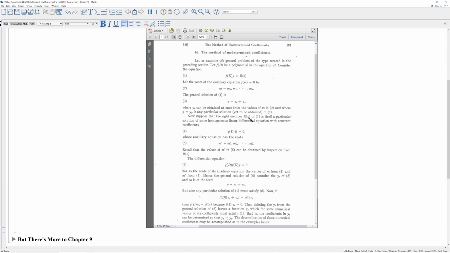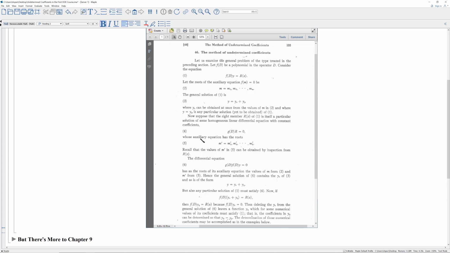So he looks at the right-hand side and says it is itself a particular solution of some homogeneous linear differential equation with constant coefficients, and he calls that operator g. So g is a polynomial in the differential operator d by dx, applied to r gives 0, so g is an annihilating operator.